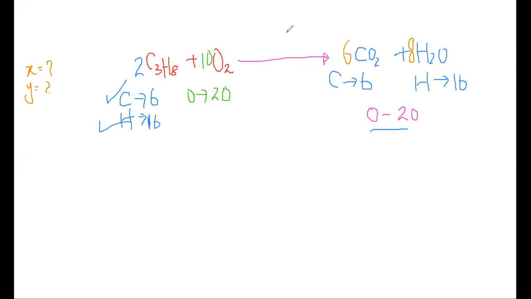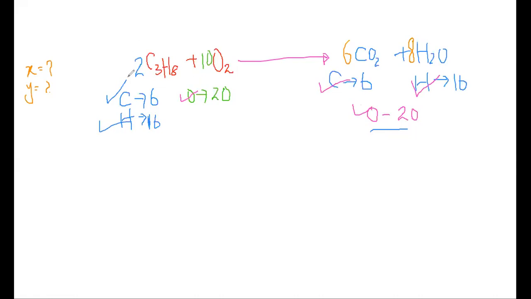Look now, on the left side and right side, the number of atoms of carbon, oxygen and hydrogen are equal. Here 6 carbon, here 6 carbon. Hydrogen 16, here 16. And here oxygen is 20, here also oxygen is 20. So it is balanced.